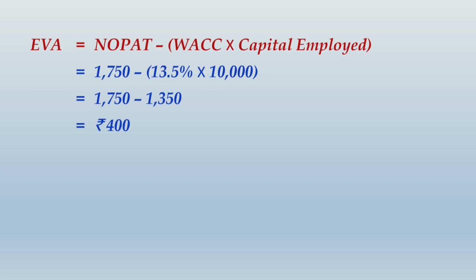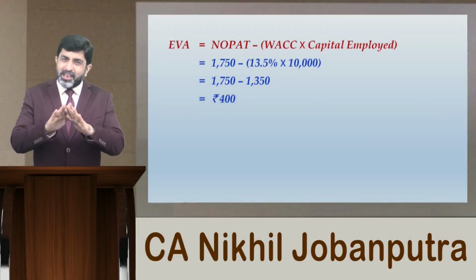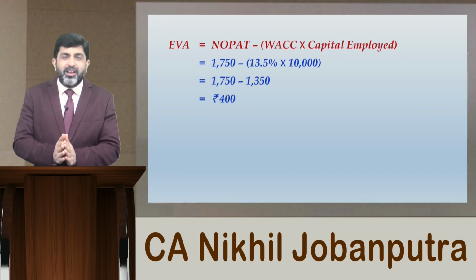So basically your capital charge is 1350, which was the total of that cost column, and 1750 is the net operating profit after tax. So your final answer of EVA comes to rupees 400. So what you find over here is the completion of the solution.